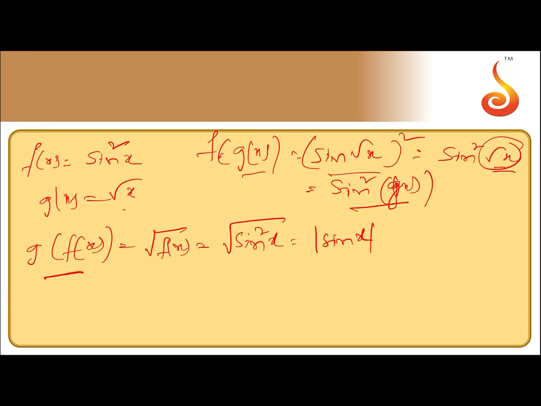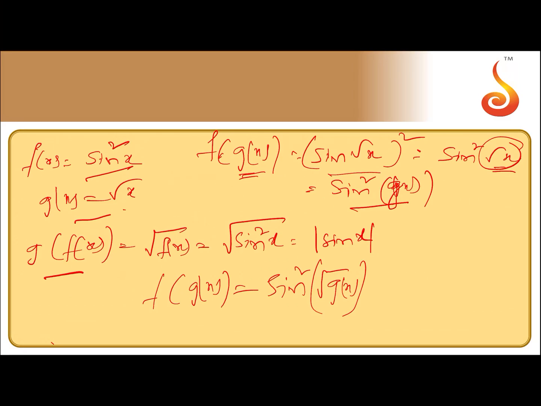I just got it directly here by substituting g of x equal to root x and f of x equal to sine square x. You can check otherwise: f of g of x is equal to sine square of g of x, not root g x. Therefore it is sine square of root x, satisfying exactly.